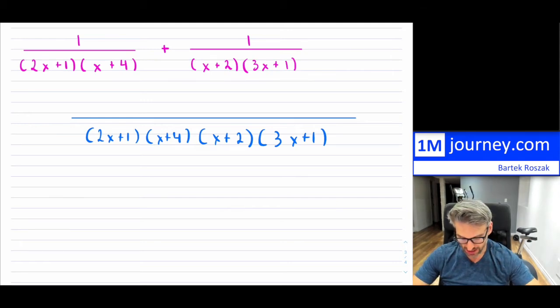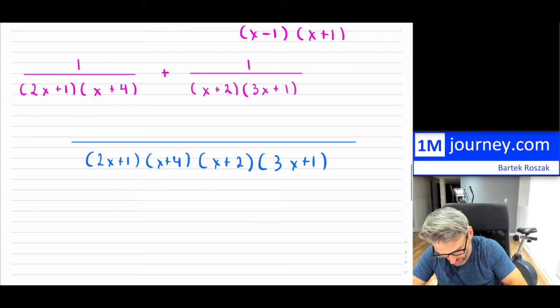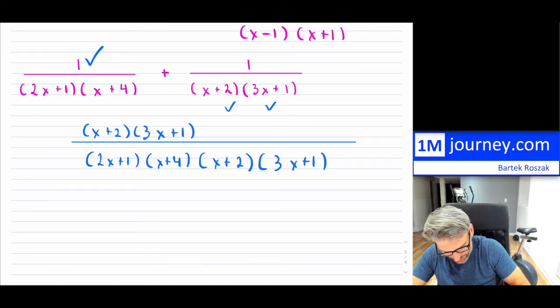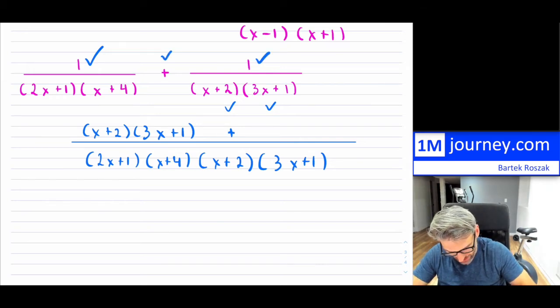Now, in the numerator, what we do is we have this 1 multiplied by these. So that's going to be x plus 2, and then 3x plus 1, plus, so that's our plus, and then 1 times these two right there. That's going to give me 2x plus 1, and then x plus 4.